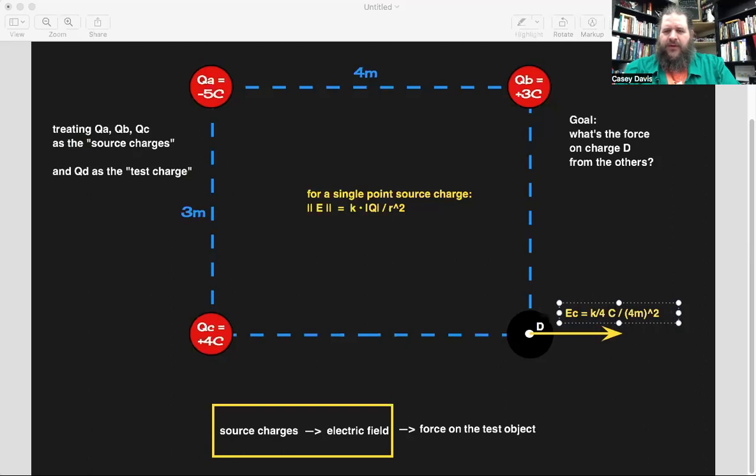And we still have units of coulombs and meters squared, so coulombs per meter squared would be the units. So that's the electric field contribution caused by charge C at location D. K over 4 coulombs per meter squared.